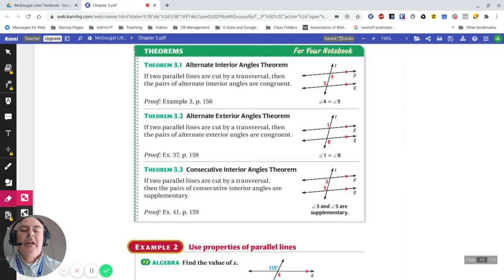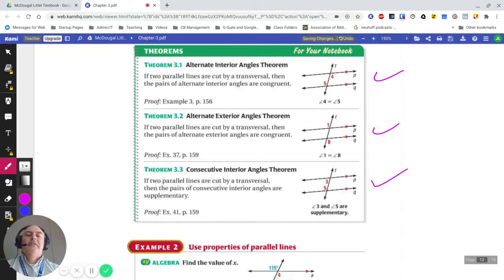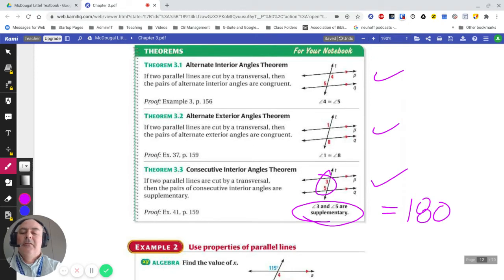So we started with corresponding angles. Let's continue on. We have alternate interior angles, alternate exterior angles, and consecutive interior. So what I've learned now is corresponding angles are equal, alternate interior angles are equal, alternate exterior angles are equal, consecutive interior angles, this is a special case, those are going to be supplementary, which means when I add them up, they're going to equal 180 degrees.